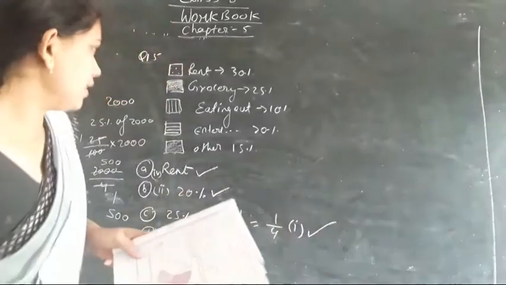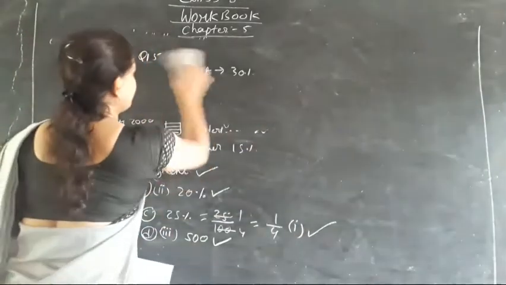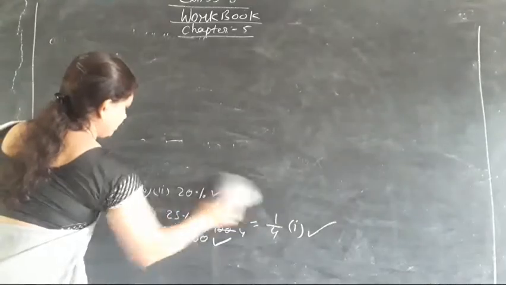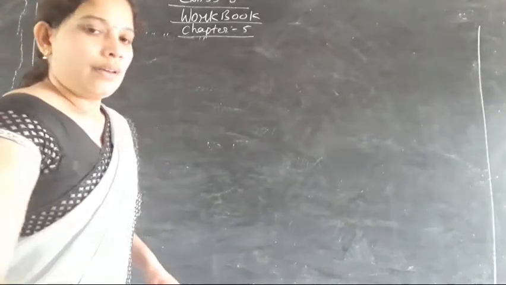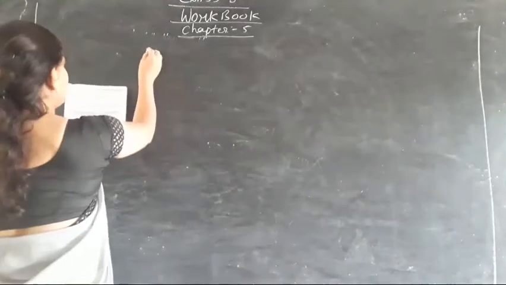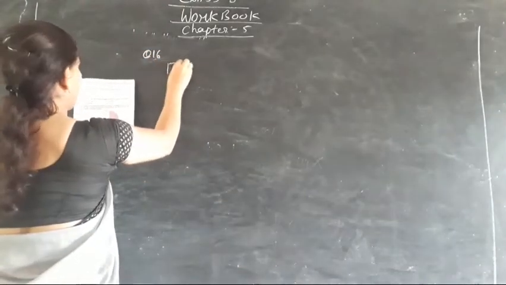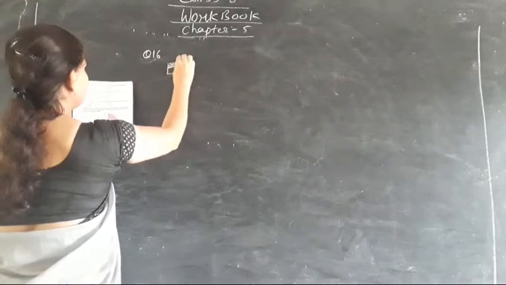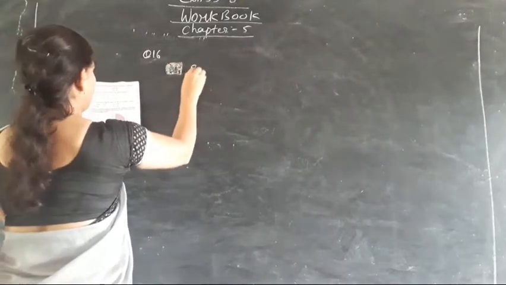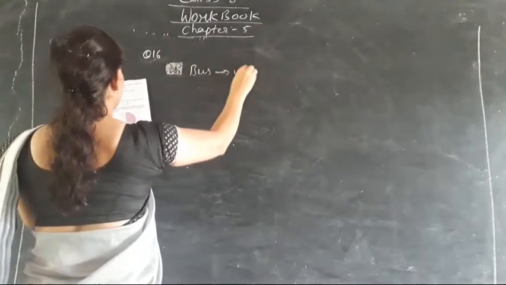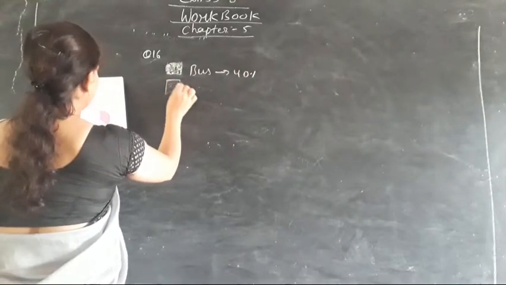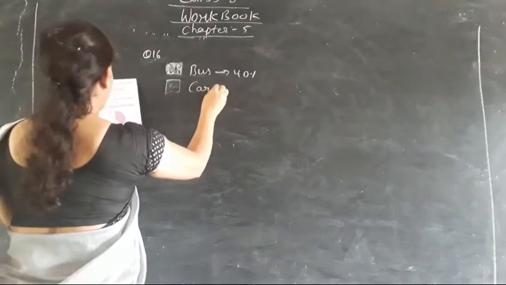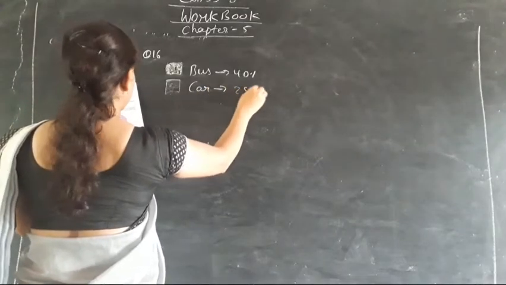Here we can see that in question number 16, a bus is in the shade form notation and its percent is given as 40%. Then in light shade pink color, a car is given and it is 25%.